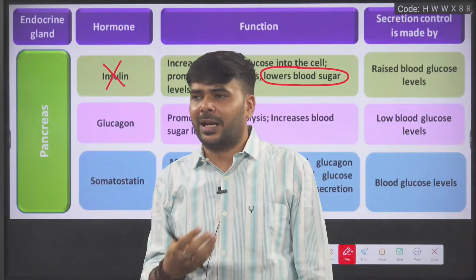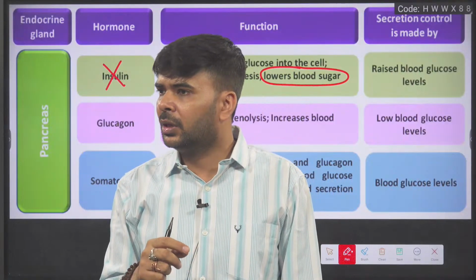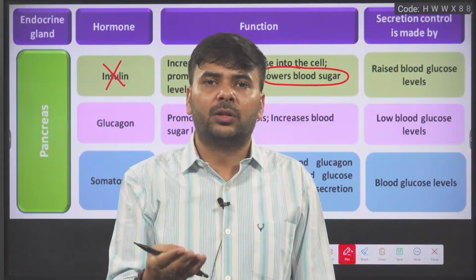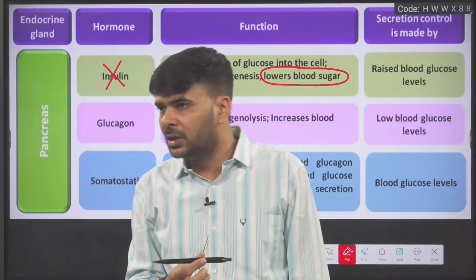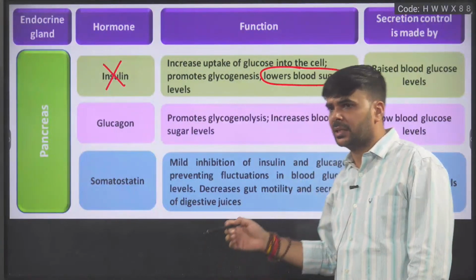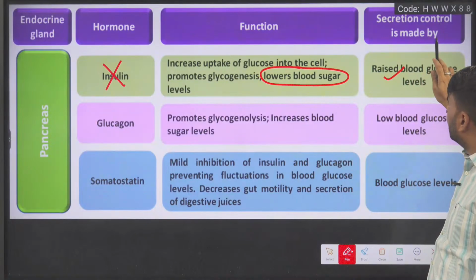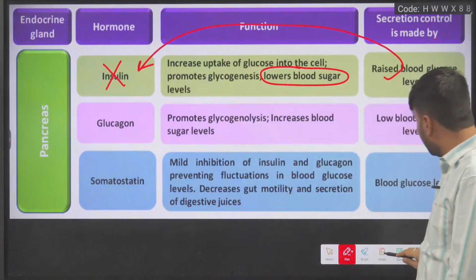If any of your grandparents or parents are suffering from diabetes, their blood glucose is high, uncontrolled glucose, diabetes mellitus. So, raised blood glucose level. Insulin is secreted when there is high blood glucose.